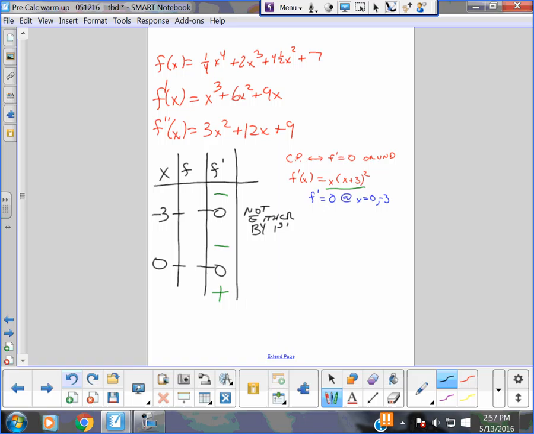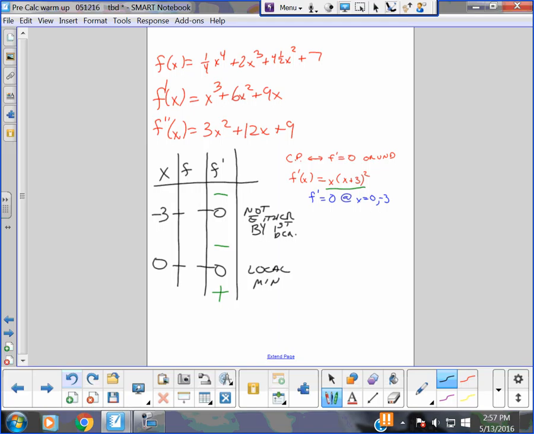All right. Here it goes negative to positive. I can picture that in my head. That's a local min. We would actually be able to find the second derivative here, right? And do concavity.